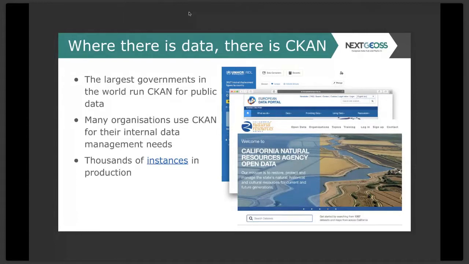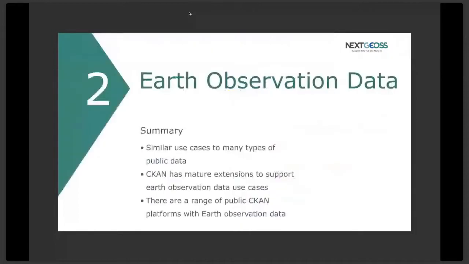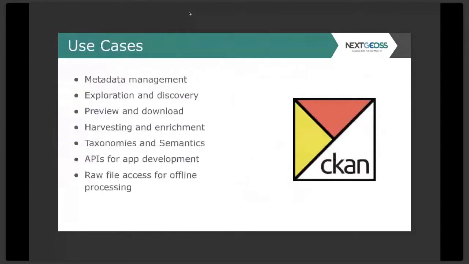So, what's the relationship of CKAN to Earth observation data? It turns out that the use cases around Earth observation data are very similar to the use cases that CKAN has been designed around. Like many types of public data, we want to have really good metadata management. We want powerful tools for exploration and discovery of data using that metadata. We want the ability to preview and download data sets.